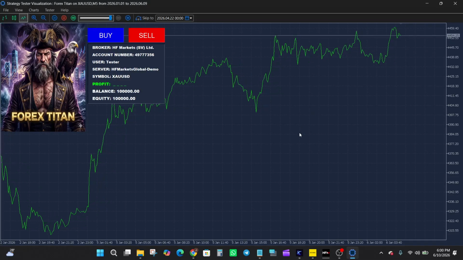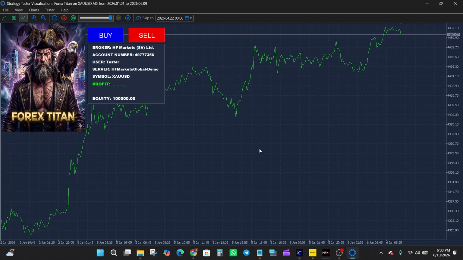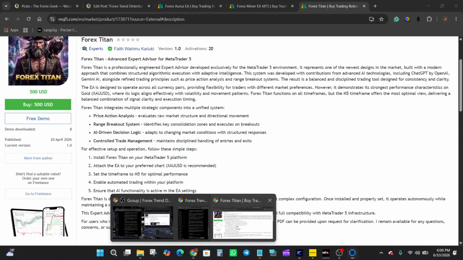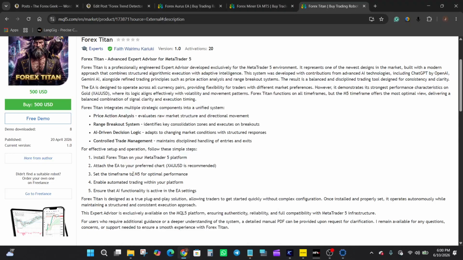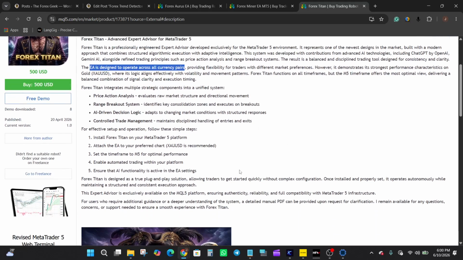In fact, I would recommend that you don't just test it only on XAU USD, but you also test it on other currency pairs as well. Okay, because we can see that the EA is designed to operate across all currency pairs, and it is possible to see different results across different currency pairs.